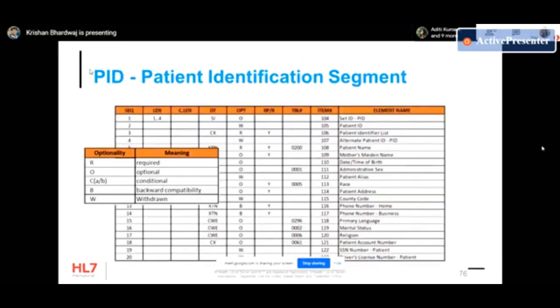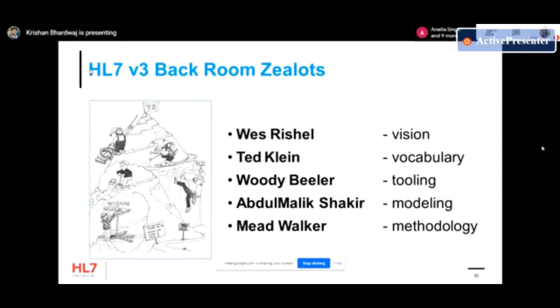In the same way, we have the PID for the patient information, and we have a lot of other segments. Version 2 would have been much better if the health industry had followed HL7 version 2. But the unfortunate thing is, even HL7 version 2 implementation is very poor in the country.